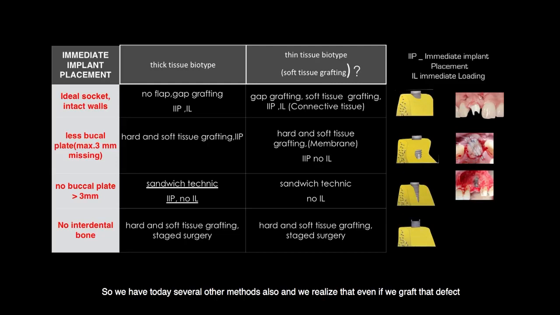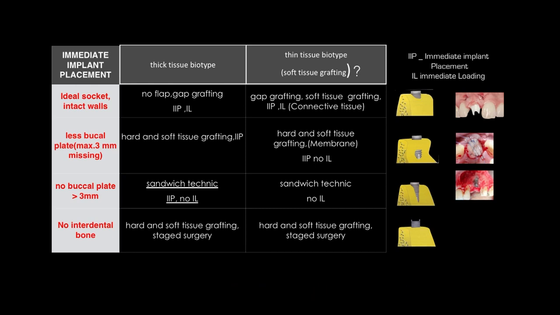Now, we have today several other methods also, and we realize that even if we graft that defect with a mixture of 60 to 40 allogenic, autogenic bone and bone material, we will have bone in immediate contact with the surface of the implant.